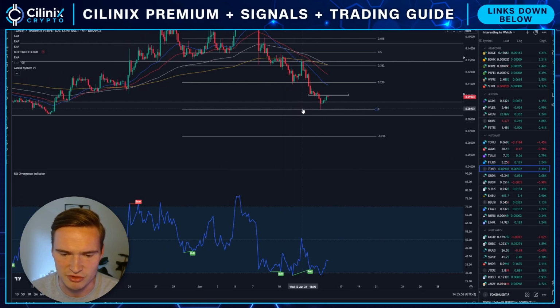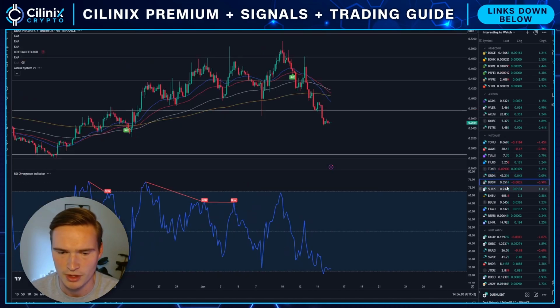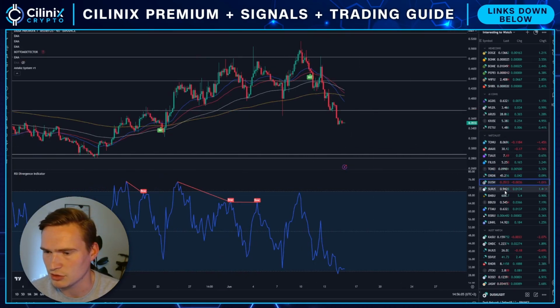No, this is not a divergence I saw. I'm not sure which divergence I actually saw somewhere. But let me just quickly look through some others.